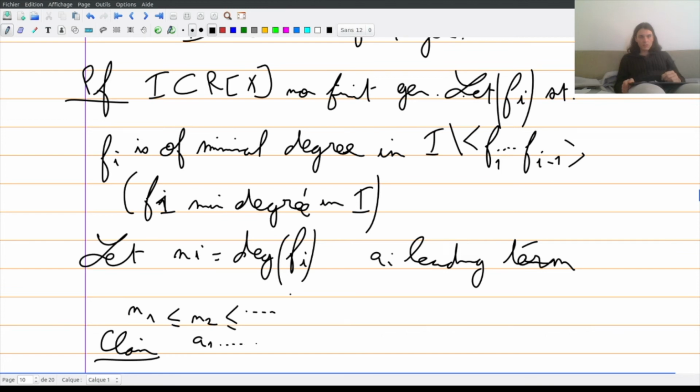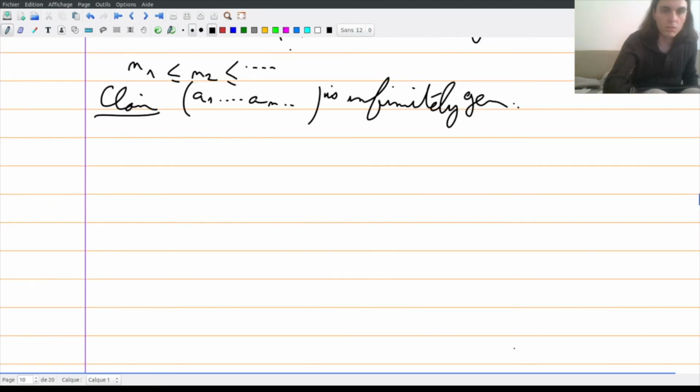And so I claim that the ideal generated by a1 ... is not finitely generated, which will be the end of the proof.